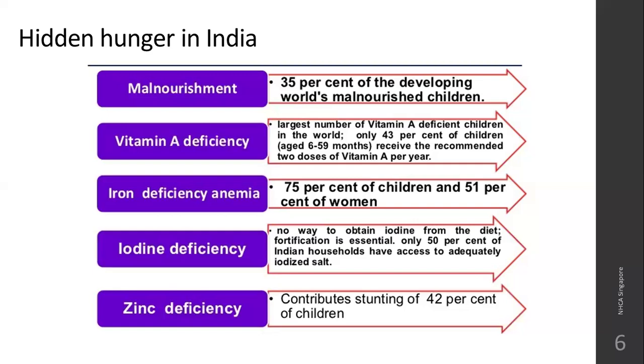Zinc deficiency will lead to stunting in children. 42% of children suffer from stunting, and most commonly it is because of calcium, protein and zinc deficiency. A study was conducted in a hospital, SAT Hospital, Trivandrum, on umbilical cord blood micronutrient levels among children who were low birth weight versus normal weight, preterm versus small for gestational age.